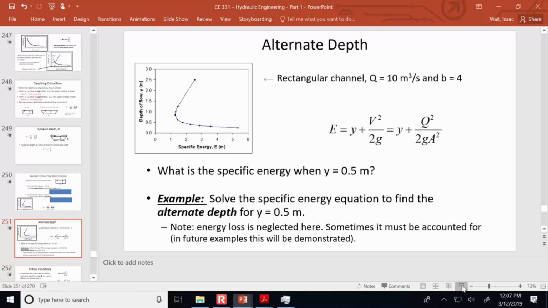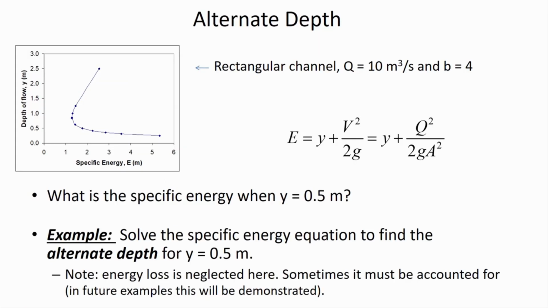And in a hydraulic jump, like in reality, when the water goes from a supercritical depth to a subcritical depth, there is a lot of turbulence and quite a bit of energy is lost. We will account for and demonstrate those energy losses in the future. But just looking at the theory behind specific energy and alternate depths, we haven't yet accounted for any of those losses.